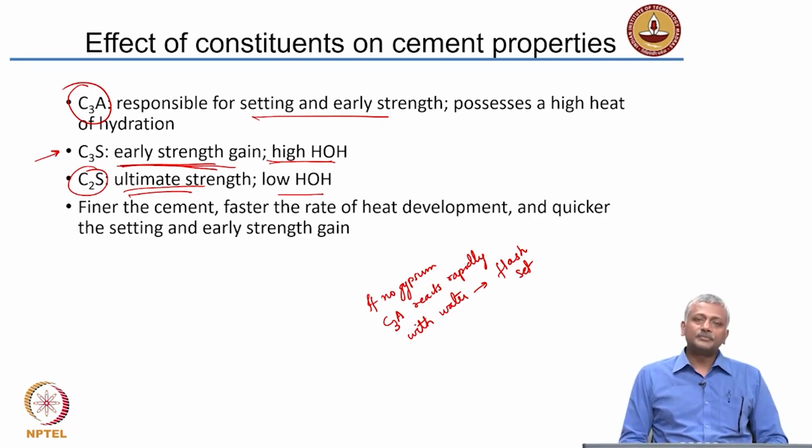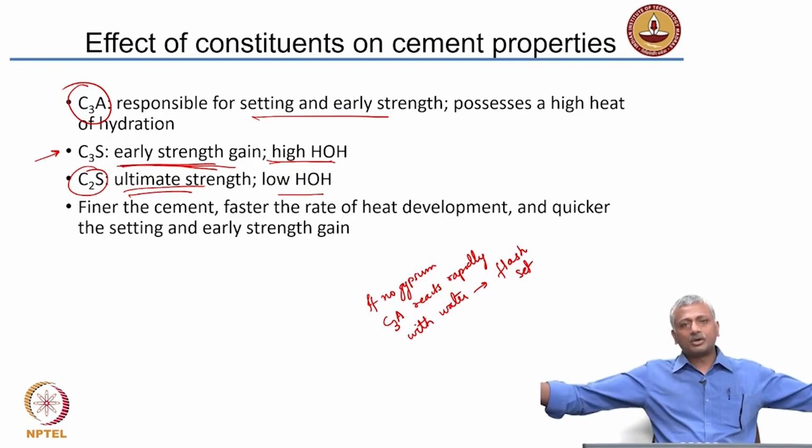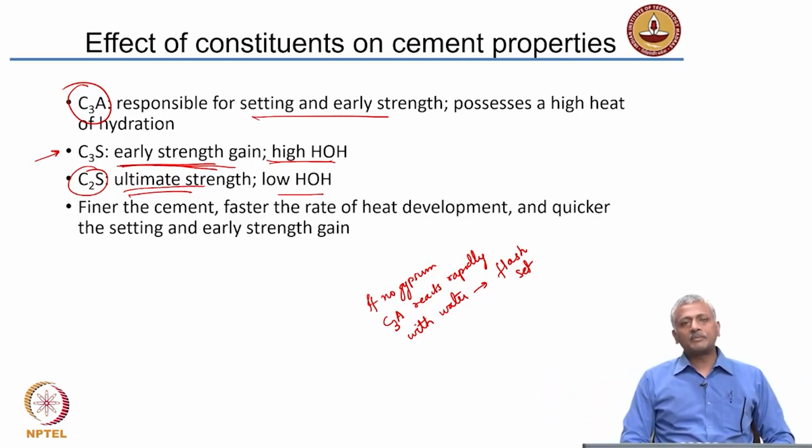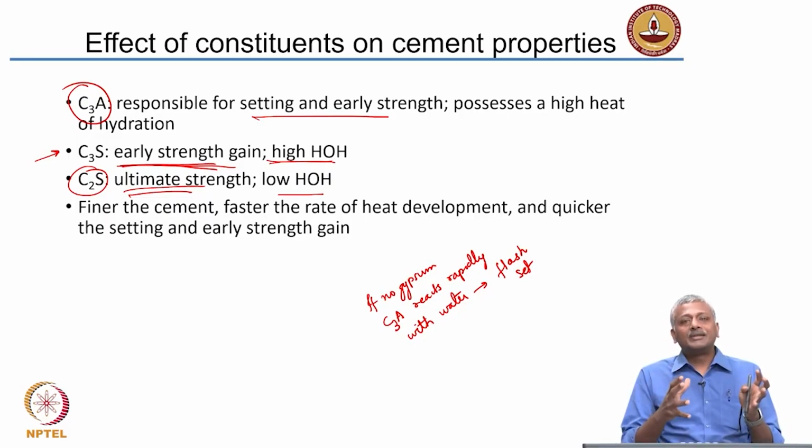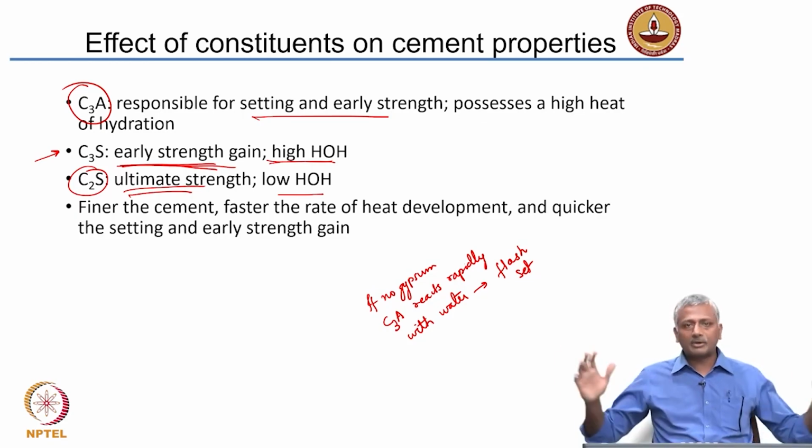Just to give you an example, if you are going to construct a building, the columns of the building are going to be rapidly taking very high levels of load. So, in such cases, you will obviously want to go with a cement that gains strength rapidly. In the case of a dam, on the other hand, you have massive concrete, very large blocks of concrete. So, what is going to happen in that case? The heat that is getting liberated by the cement hydration is going to be so large that you may get thermal stresses in the dam, okay, because the concrete section is massive.